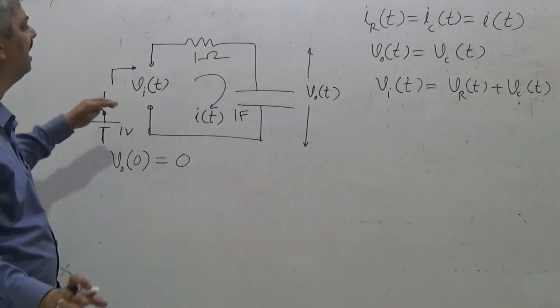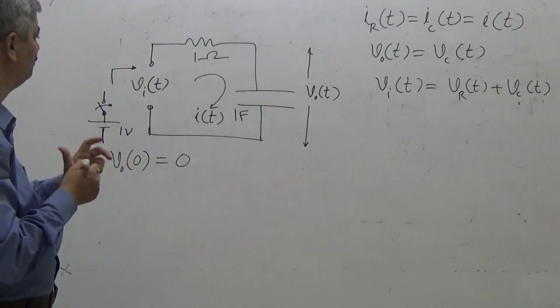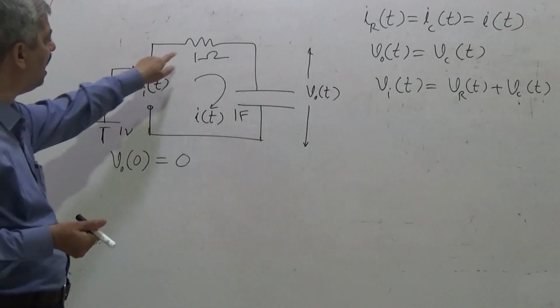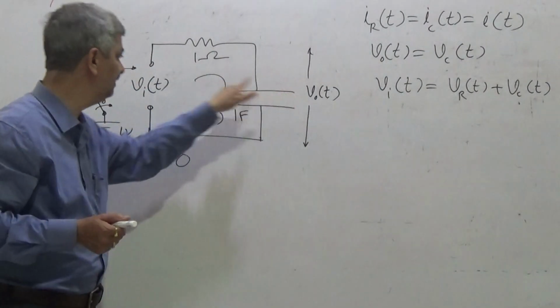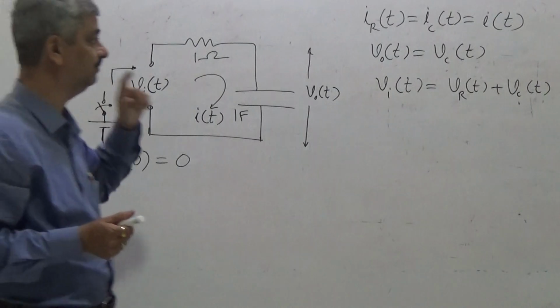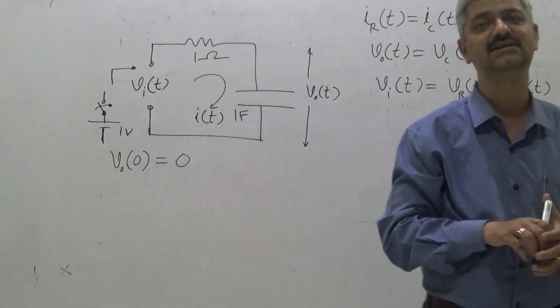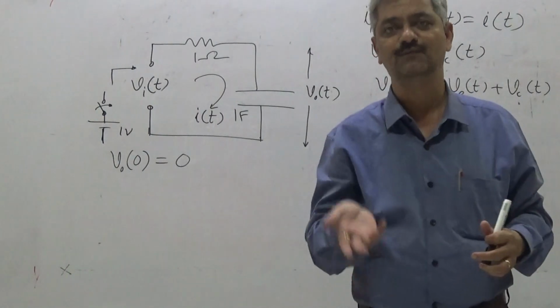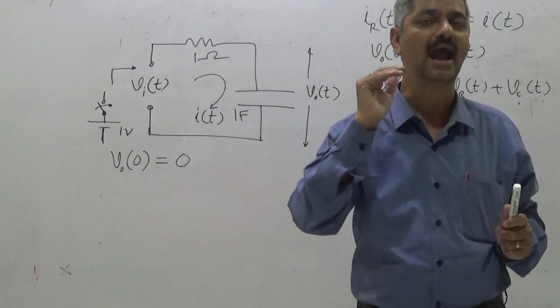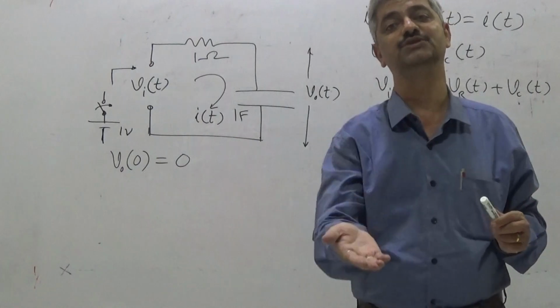I can have 2 volts. I can have something changing. Anything I can have. So V_in(t), R, C, V0(t), current i(t). So we write the differential equation and we solve it for given values of V_in(t) and V0(0).